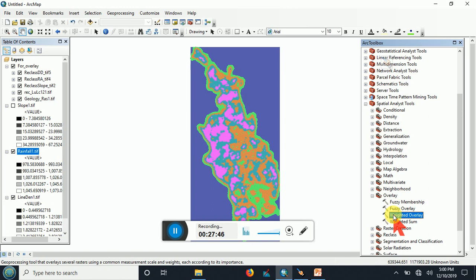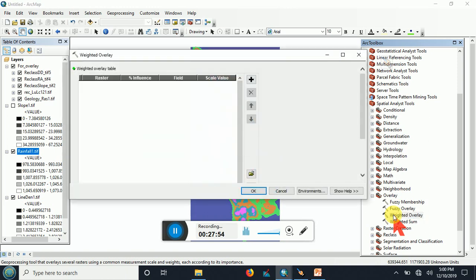We have to do a weighted overlay. Open weighted overlay, and this is the weighted overlay table where we are going to determine the influence, that is the weight, and the scale, which is the value within each thematic layer.